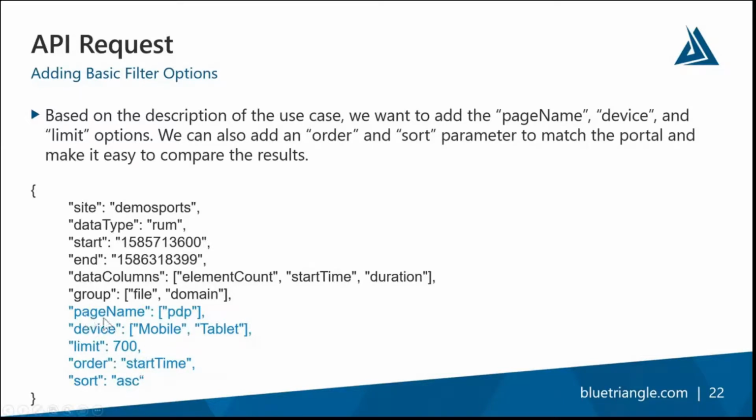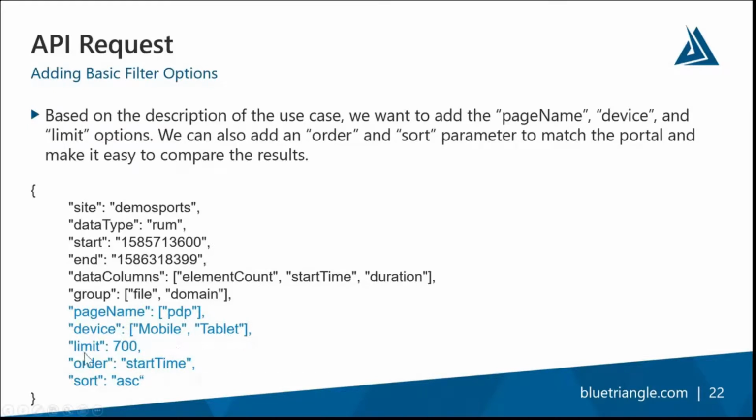So for the page name, we know it is just the page name in camel case, and it's an array of the string of pages. So for this, we just want to look at the PDP page, and then likewise for the device parameter, the options are mobile, tablet, and desktop, and we just want to look at mobile and tablet. So we're going to just put those into an array there.